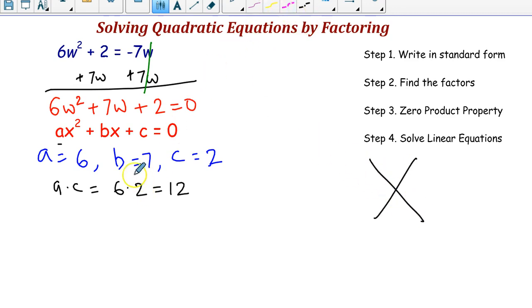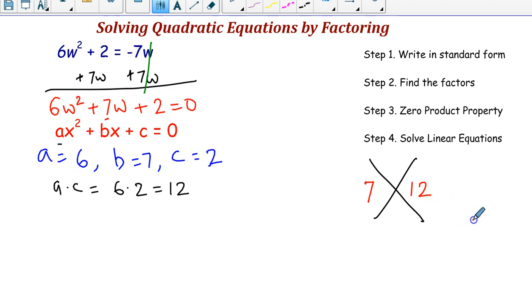My sum is 7. See, the b value is the sum, the 7, and the product is 12. So I need two numbers whose sum, when you add those two numbers, must give us 7, and multiplication of those two numbers should give you 12.